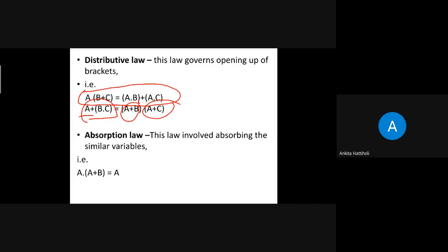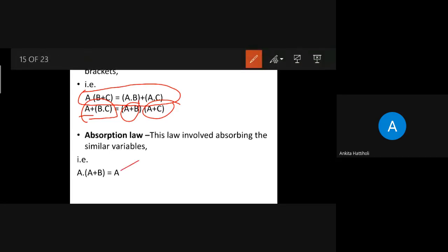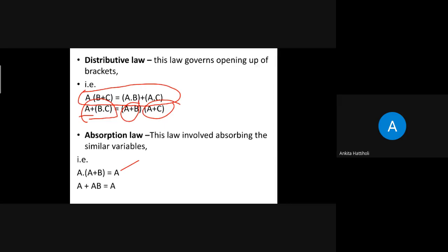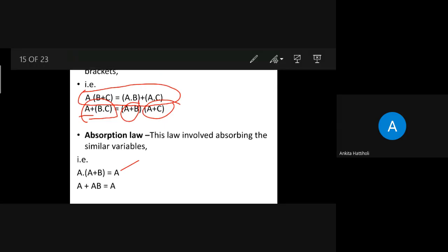For example, A dot (A plus B) can be written as A. And another example, A plus AB can be written as A. Now, see, B is absorbed in A. Understood what is absorption law?